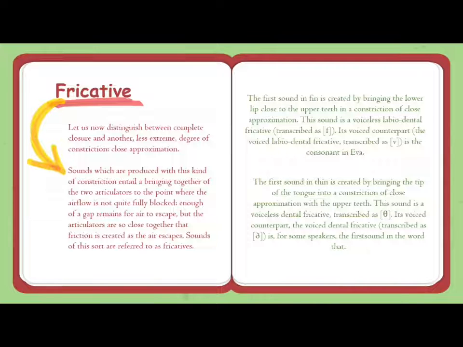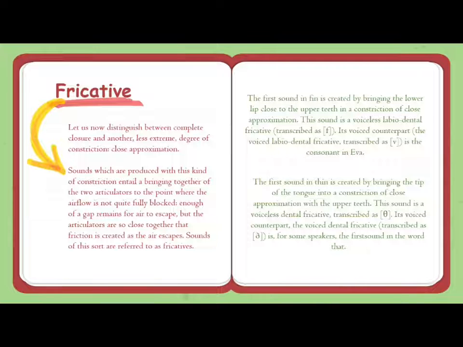Enough of a gap remains for air to escape, but the articulators are so close together that friction is created as the air escapes. Sounds of this sort are referred to as fricatives.